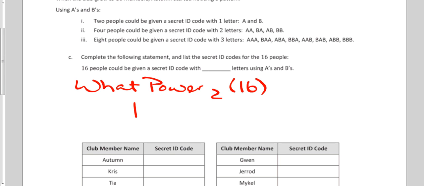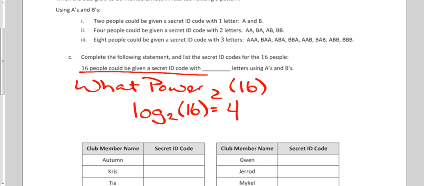So log base 2 of 16 equals what? 4, right? 2 times 2 is 4, times 2 is 8, times 2 is 16. So 16 people could be given a secret code with 4 letters using only A's and B's.